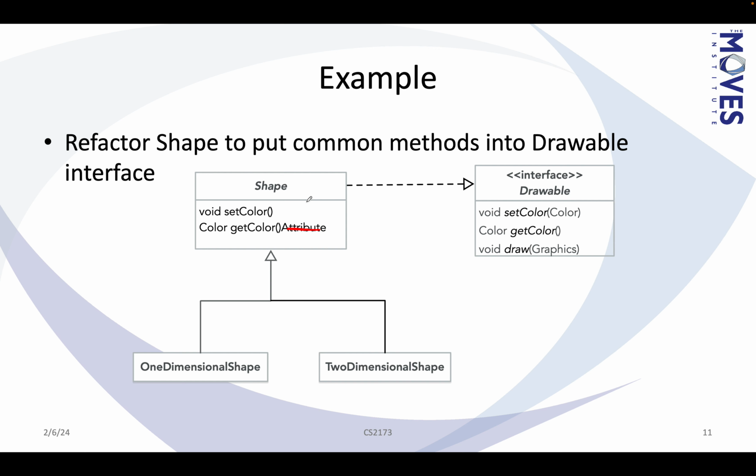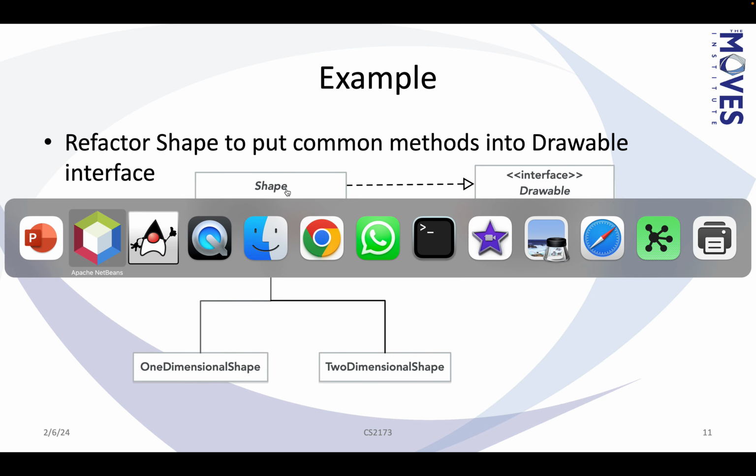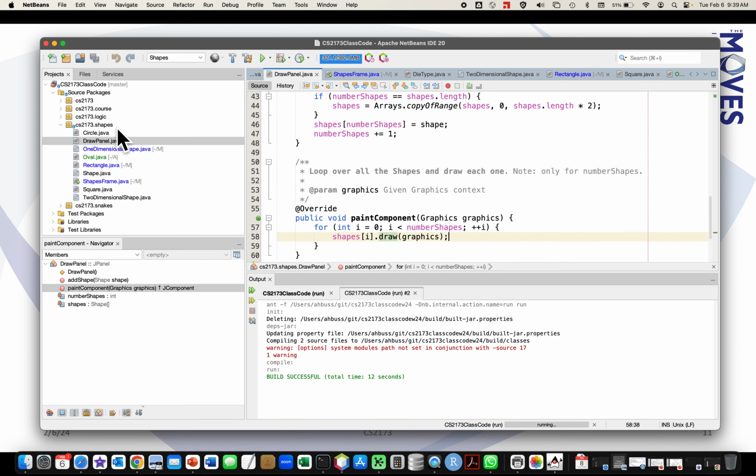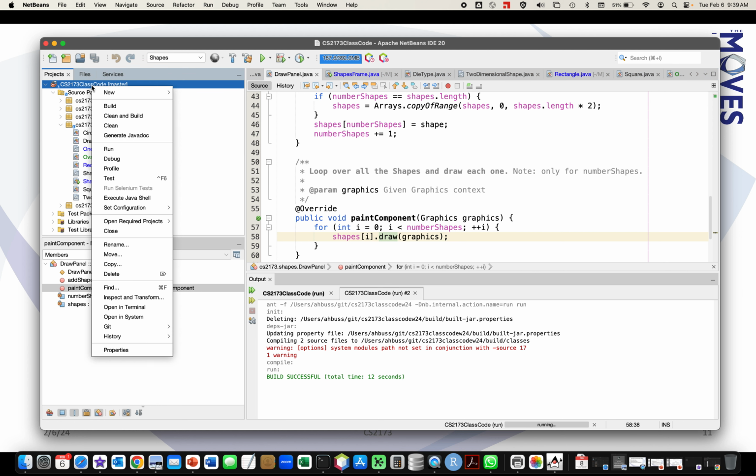And so I can implement these, but not this. And then carry on with that. So what does that look like? Before that, let me commit. Again, remember, commit early and often.